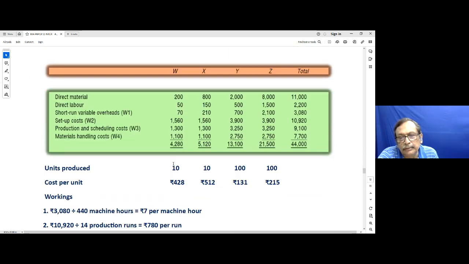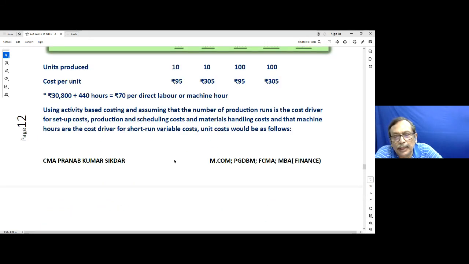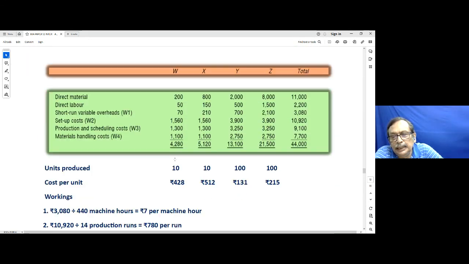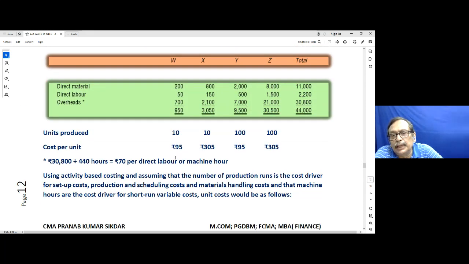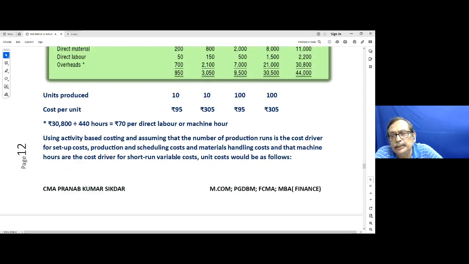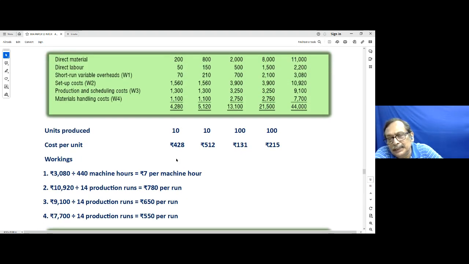Here it is coming to 512. Then for Y, cost per unit was 95, and under ABC it comes to 131, and in case of Z, cost per unit was 305, here it is coming to 215, which is less.